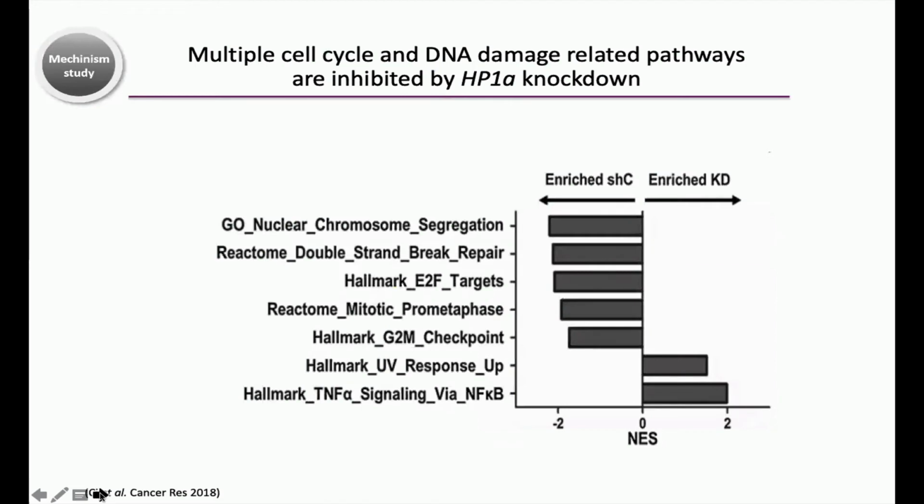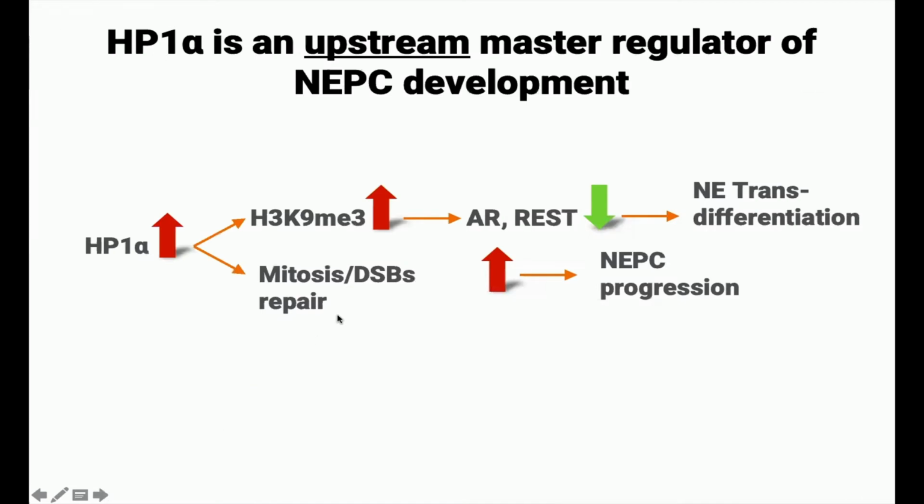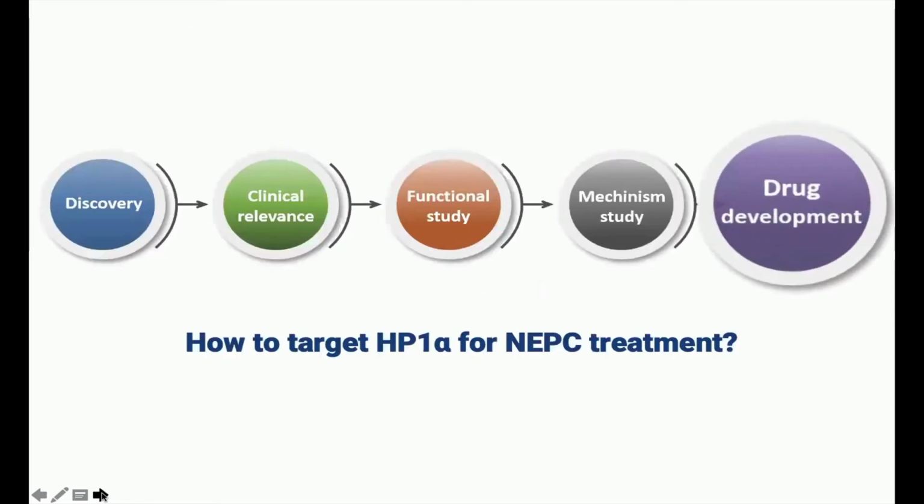Moreover, she also found that knocking down HP1 alpha really affects multiple cell cycle and DNA damage related pathways. So that result suggests HP1 alpha is also important for NEPC progression. Of course, there are more data, and I just want to give you a short conclusion here.